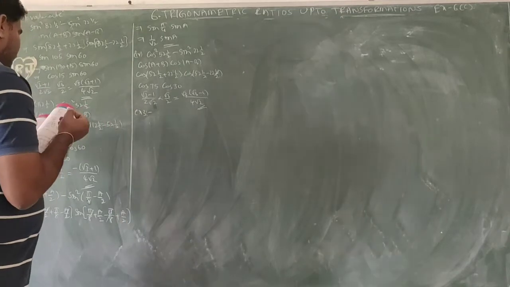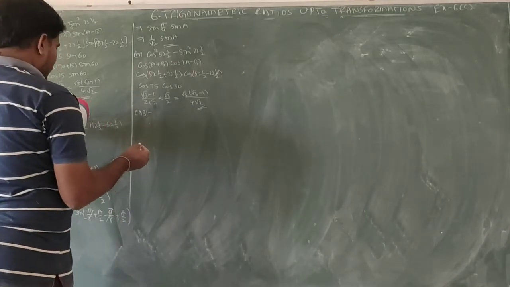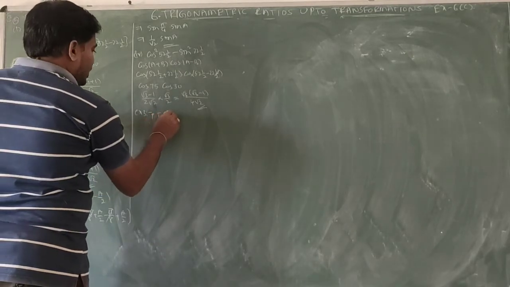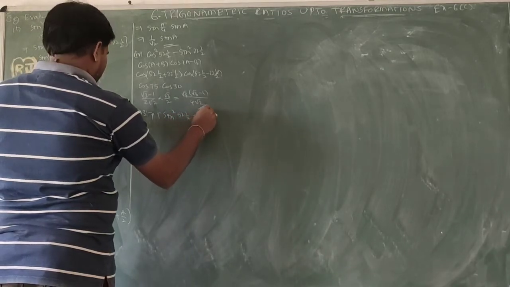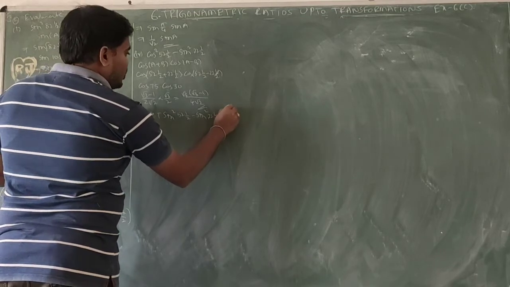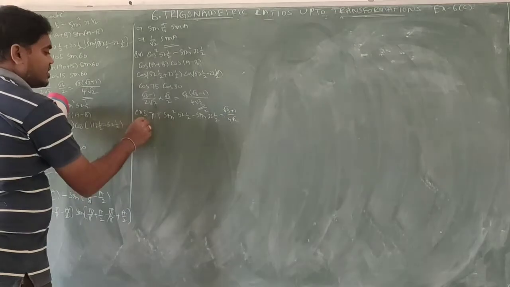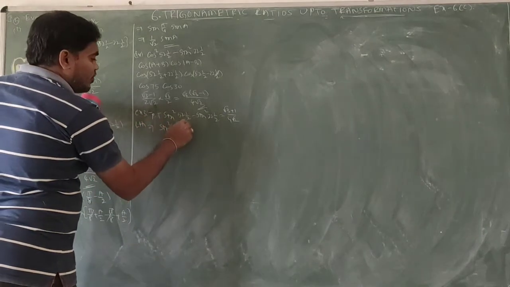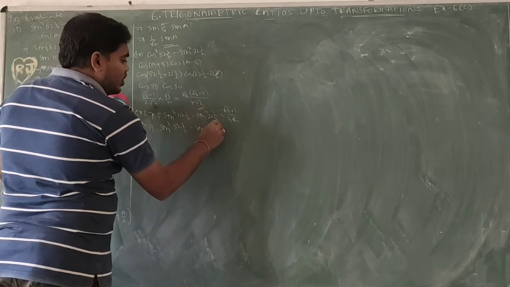Prove that sin square 52 half minus sin square 22 half equals root 3 plus 1 by 4 root 2. So I am taking the LHS. Left side: sin square 52 half minus sin square 22 half.